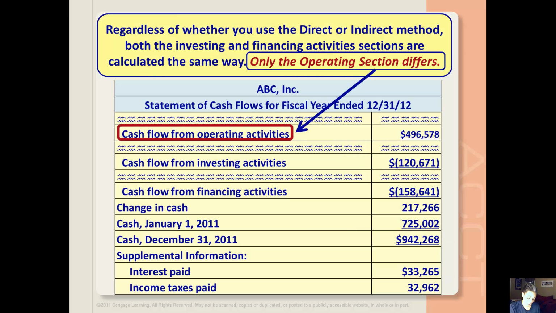Regardless of whether you use the direct or indirect method to prepare the statement of cash flows, the investing and financing activities sections are calculated the same way for both methods. Only the operating section differs in its approach to determine cash flow. However, it's important to remember that both methods will agree on the total change in cash.